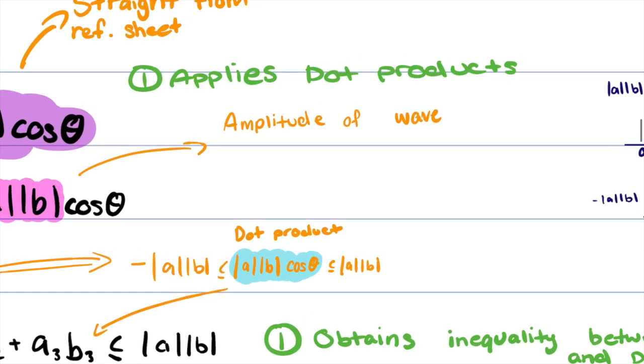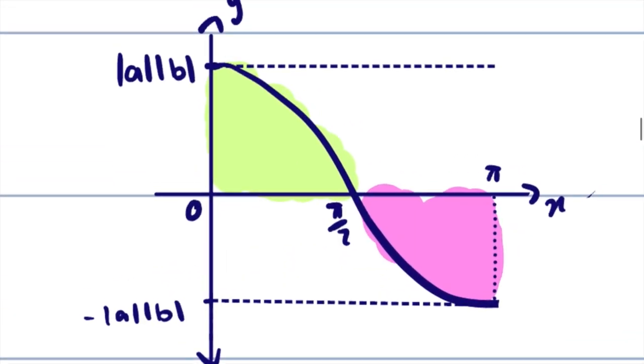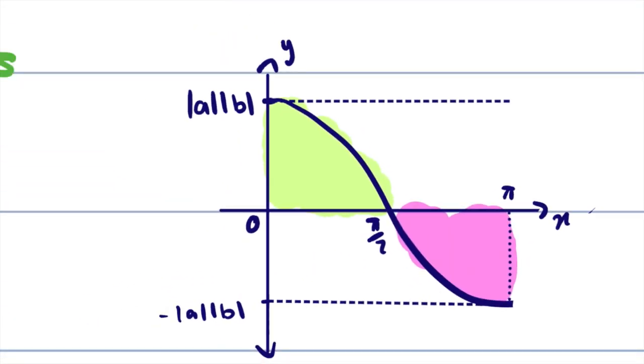You can see this graphically, where our range will lie in between this area of the graph, with it maxing at our positive values and minimizing at our negative values of our magnitudes.